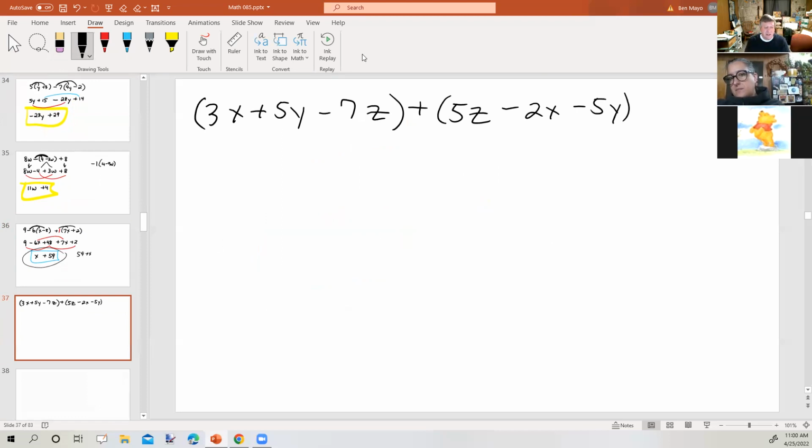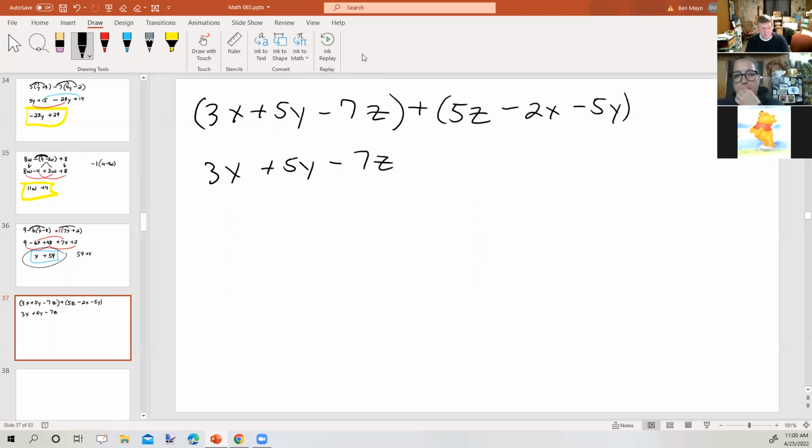There is nothing in front of the first set of parentheses. So basically there's an implied 1. If I have a group of stuff, I've got one group of stuff. Well, distributing that 1 basically just gets rid of the parentheses. So this becomes 3x plus 5y minus 7z.